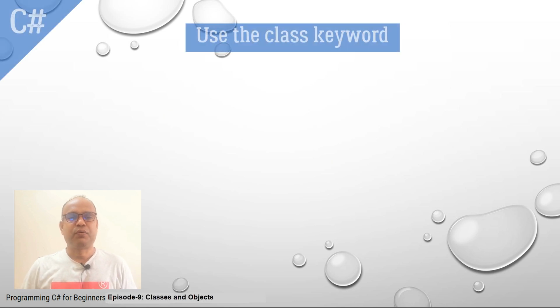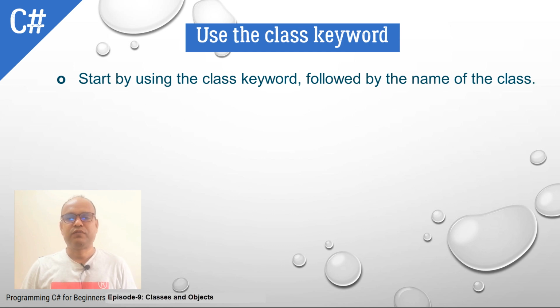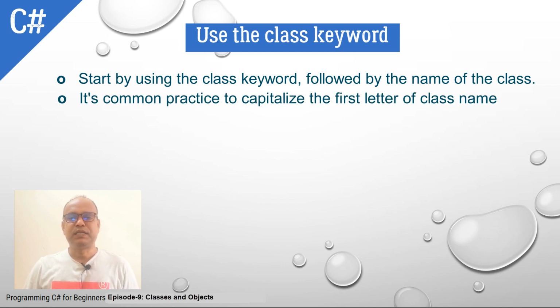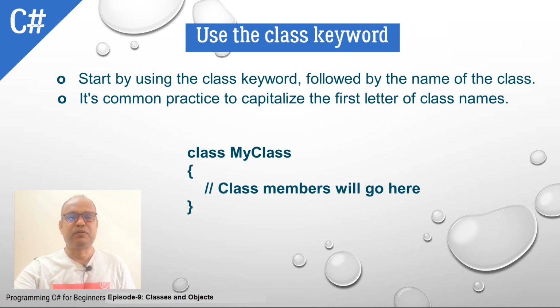Use the class keyword. Start by using the class keyword followed by the name of the class. It's common practice to capitalize the first letter of class names. Here is the example. Class MyClass, curly braces start, curly braces end.